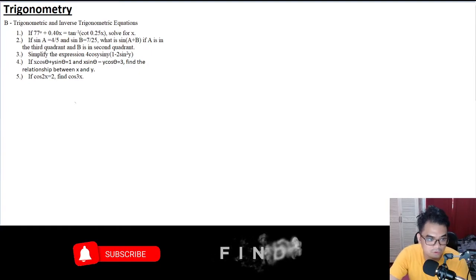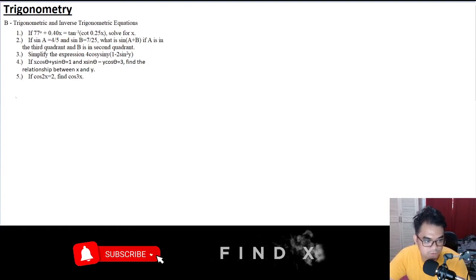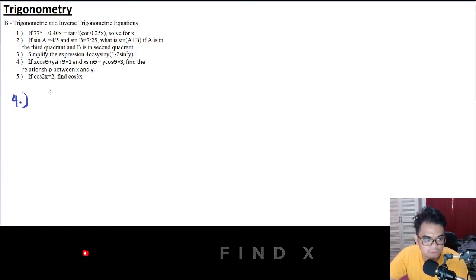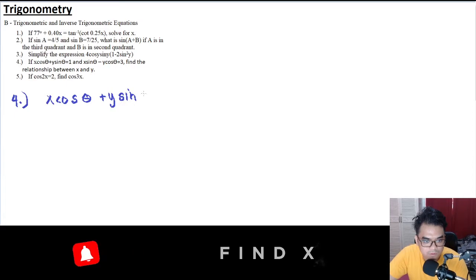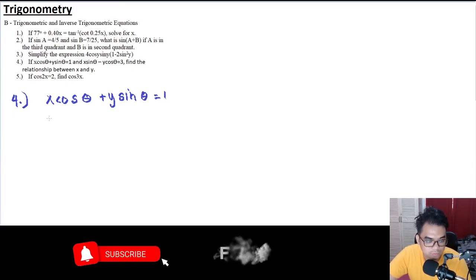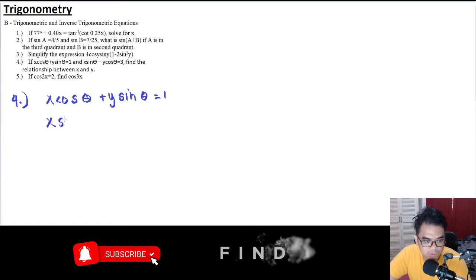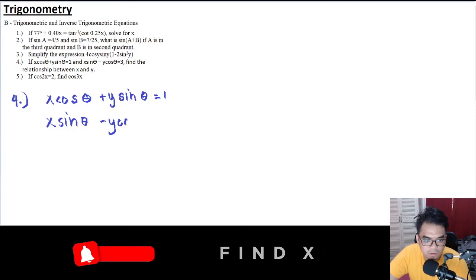Okay, so let's go to the fourth problem. For number 4, we have if x cosine theta plus y sine theta equals 1, and then we get another equation, x sine theta minus y cosine theta equals 3.